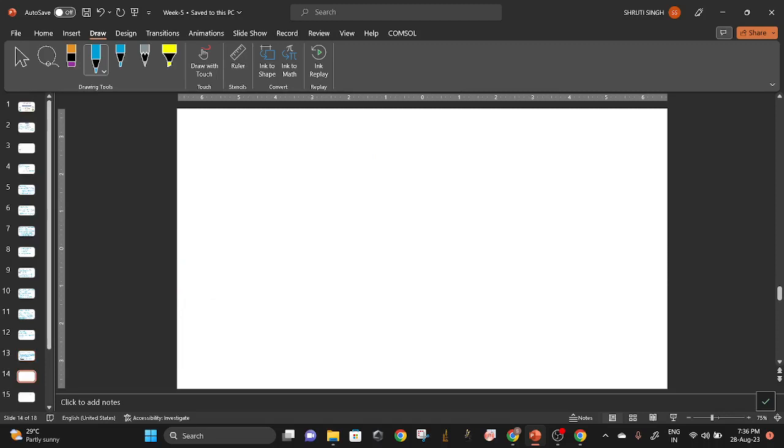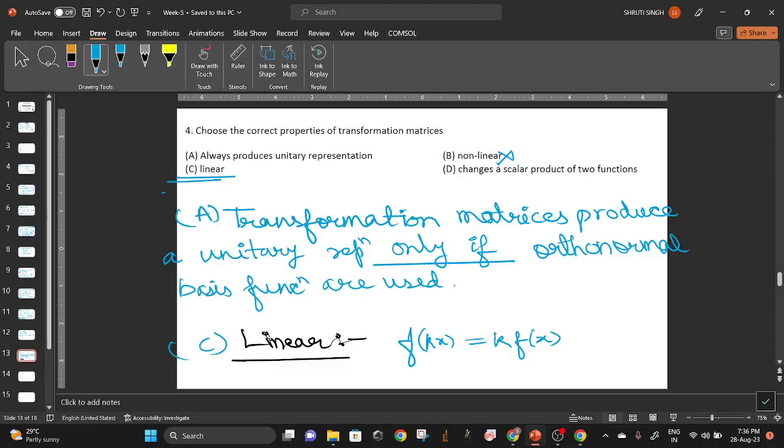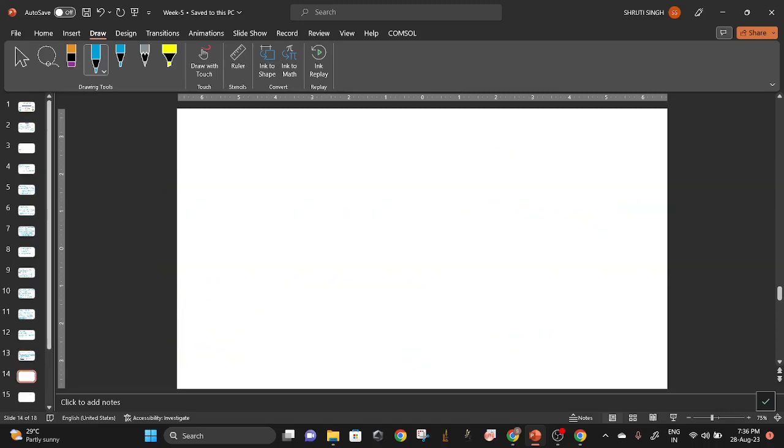So now here it is asked about transformation matrices, or operators.